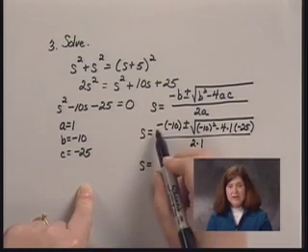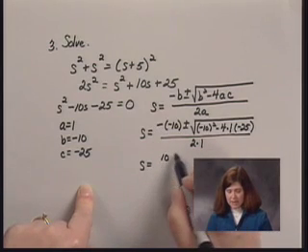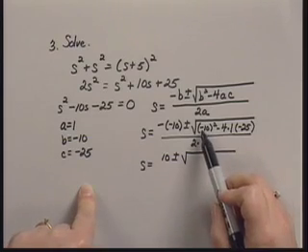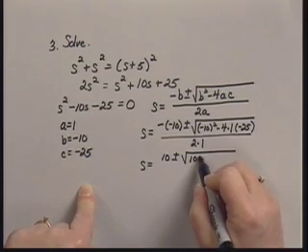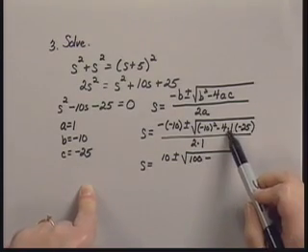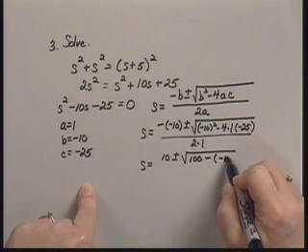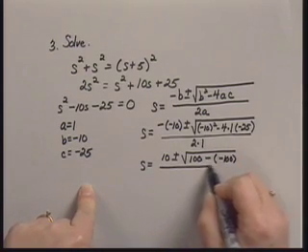So s equals the opposite of negative 10 is 10, plus or minus the square root of negative 10 squared is 100, minus 4 times 1 times negative 25 is negative 100. And that's all over 2.